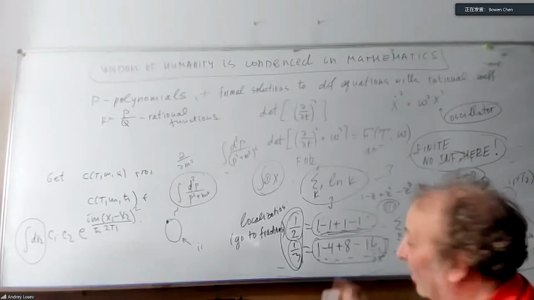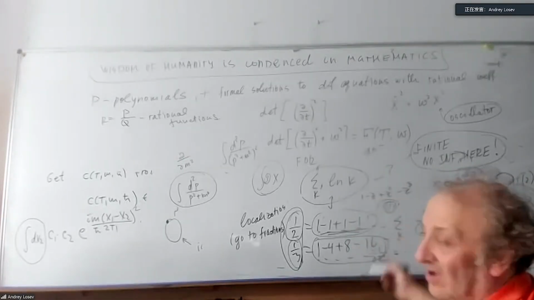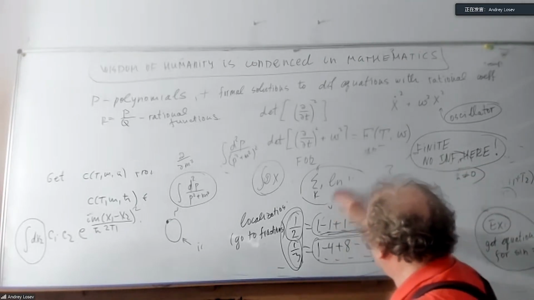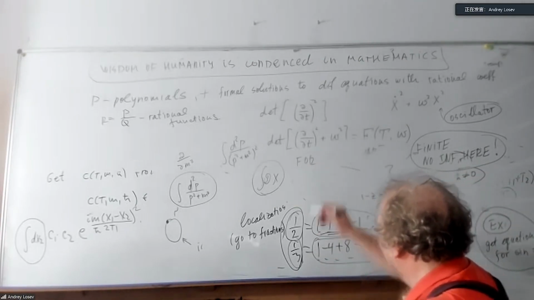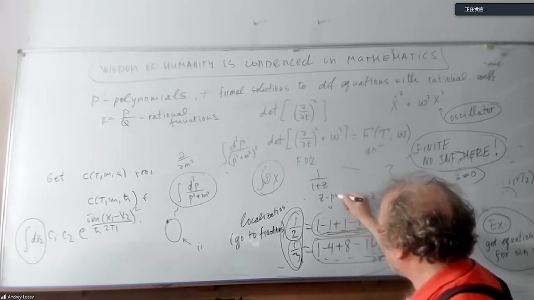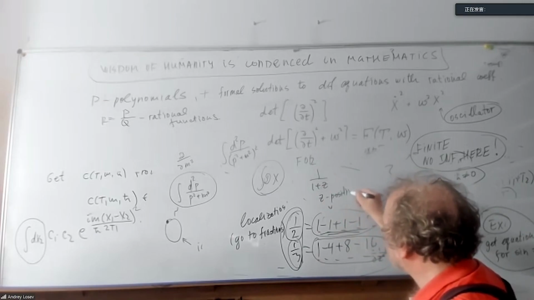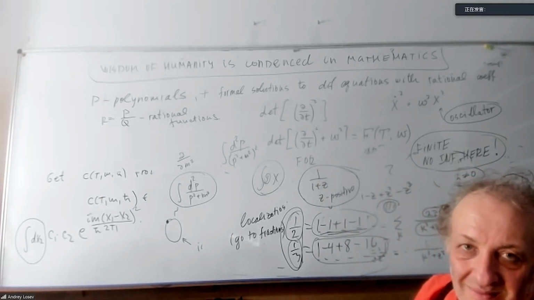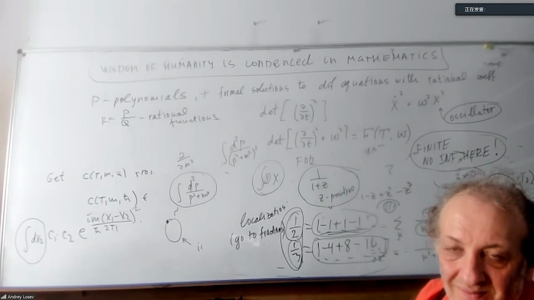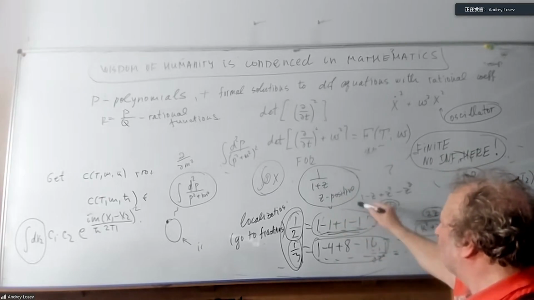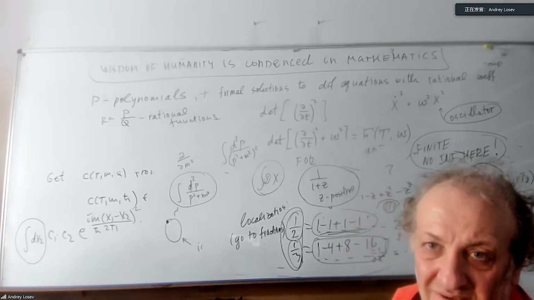But you can just divide by 1 plus z for z positive. So if you just divide, you do not need to have all these complications.